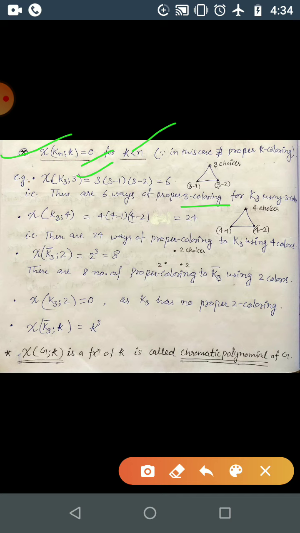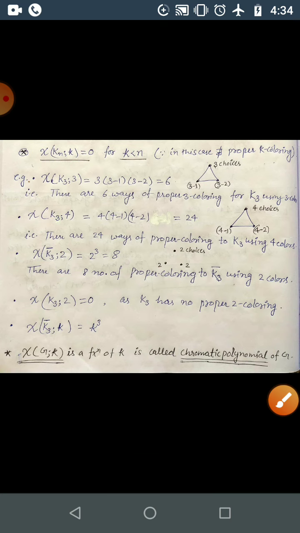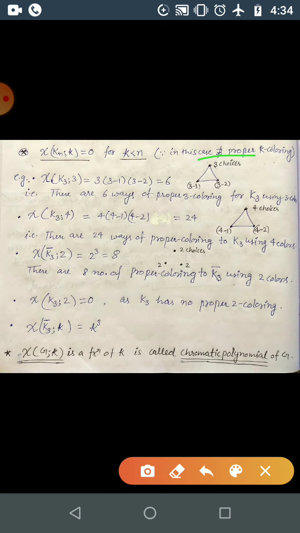Whenever 3 colors are given, there are 6 ways. How? k into k minus 1 into k minus 2 and so on up to k minus n plus 1. So it will be 3 into 3 minus 1 and 3 minus 2, which comes to 6. Or if you want to analyze it by the graph, then K3 is this triangle, correct.